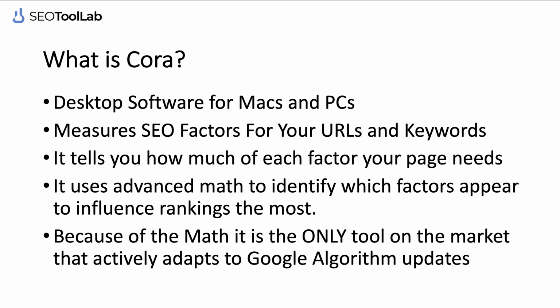And because of that, there is this distinct and unique advantage that Cora has over other tools. Because we are actively looking at what Google prefers, mathematically teasing that information out, we're always making recommendations based on what's working. And so that's a very important fact.